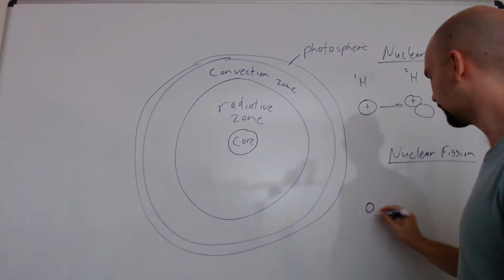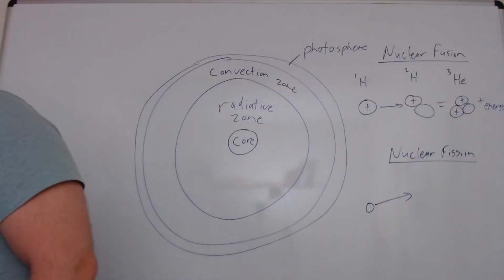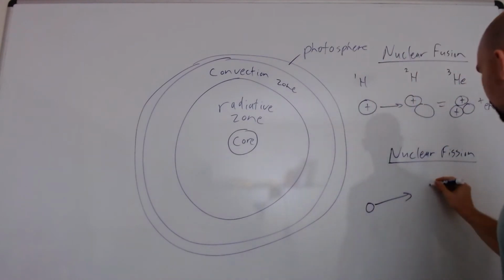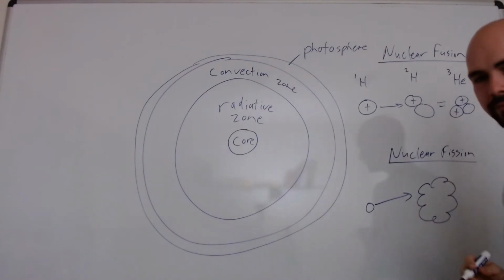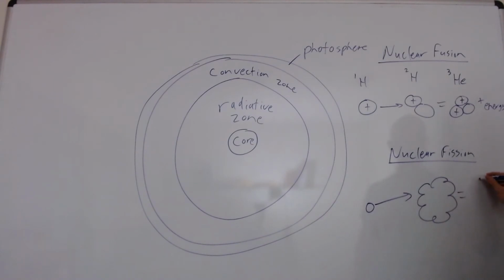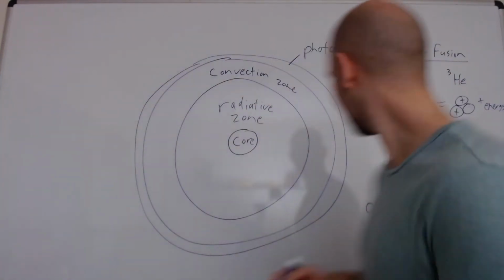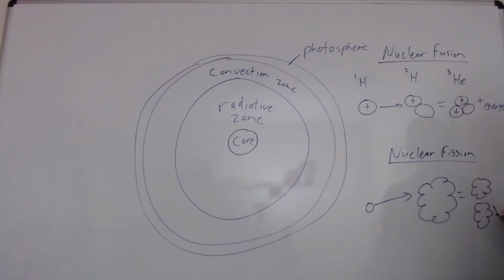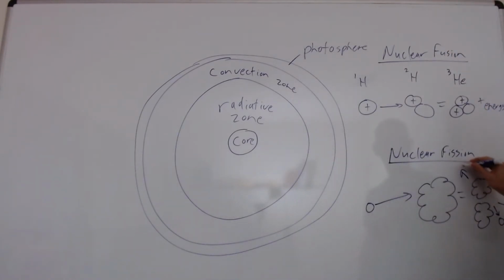So you've got a neutron, which is energized, and it's going to strike an especially large nucleus. I'm just going to kind of draw it like this, but it's a very large nucleus. And when it strikes it, it's going to split it into two smaller nuclei and also release free neutrons. So then there will be some neutrons bouncing around, and you can't really see them over there, so I'm going to draw some neutrons in this direction too.